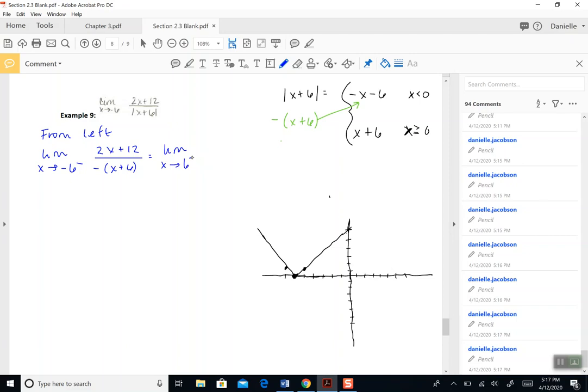Again, it doesn't matter if you write that negative or not. Of 2 times x plus 6 over negative times x plus 6. Here the x plus 6's divide out, and that leaves us with the limit as x goes to -6, from the left if you wish, of -2, which is of course just -2 because the limit of any constant is itself.